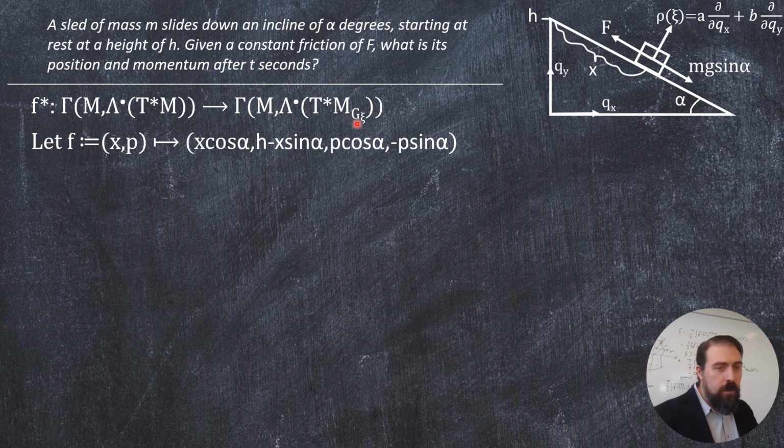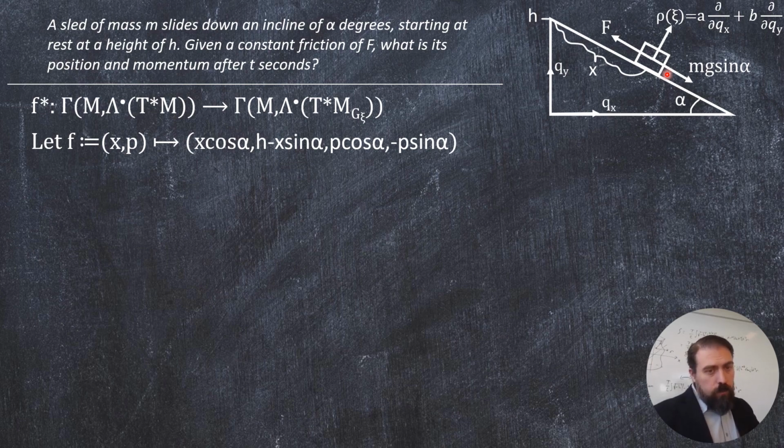And I'm considering something like f like this, where we go from x and p, going to let x just be this x, and the p be now the one-dimensional momentum of the reduced manifold.